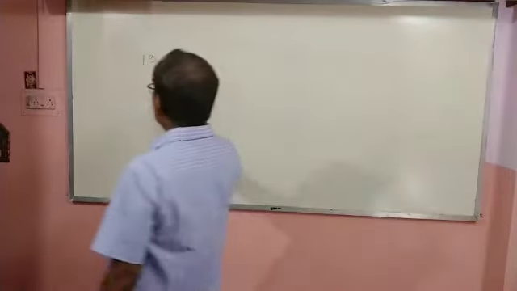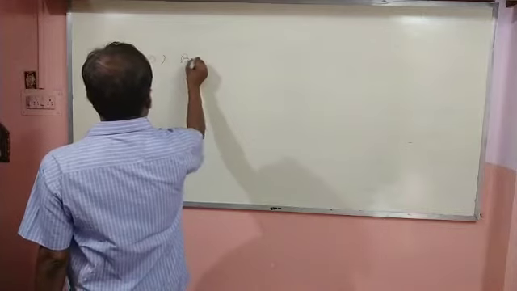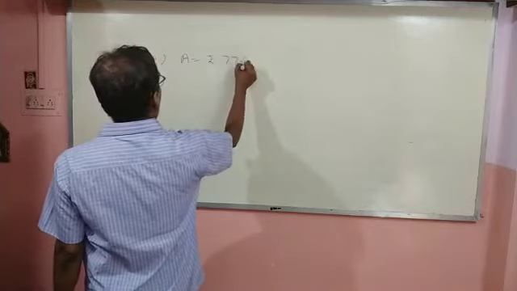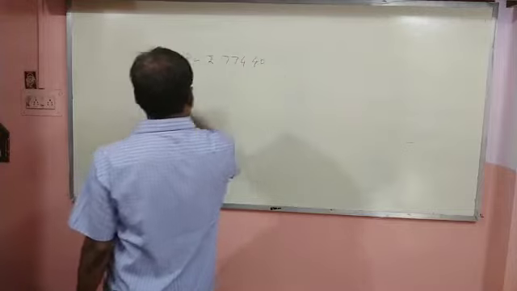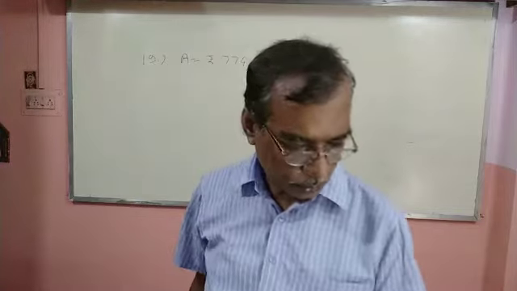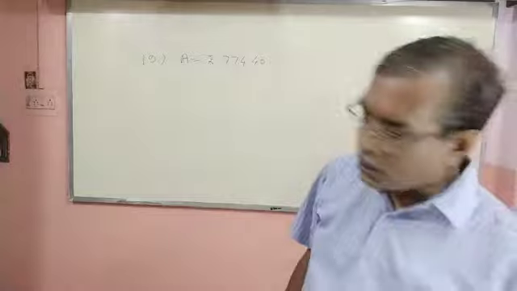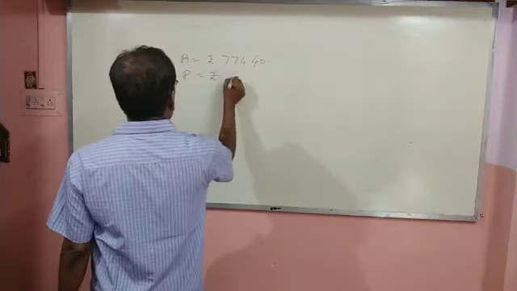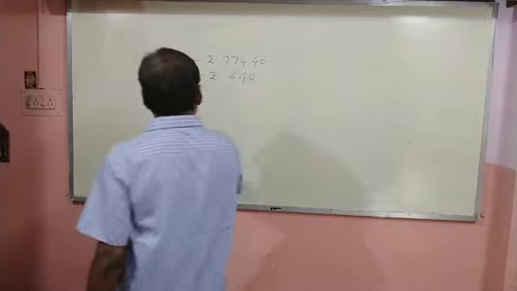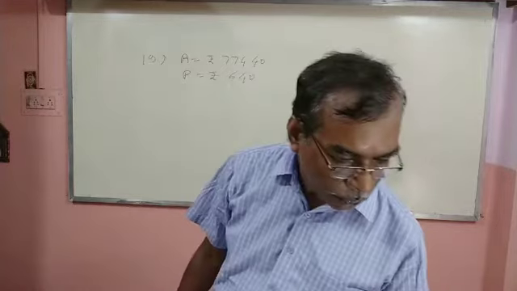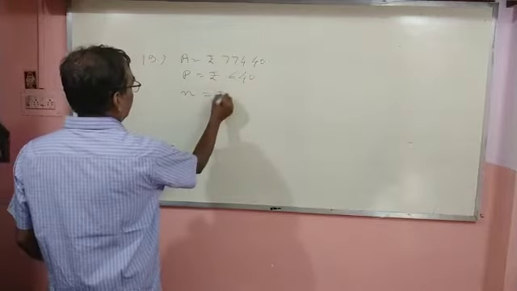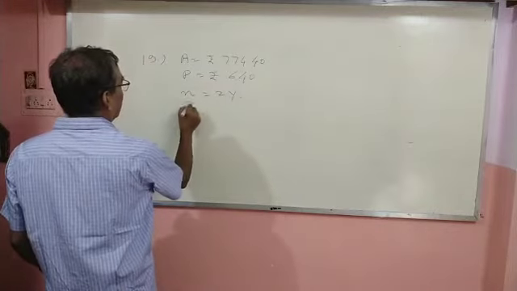In this question, the amount is rupees 774.40 and the principal amount is rupees 640. Rate you will have to find, and the time is given: n is equal to 2 years. You have to find the rate.